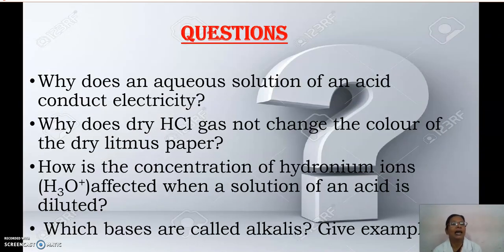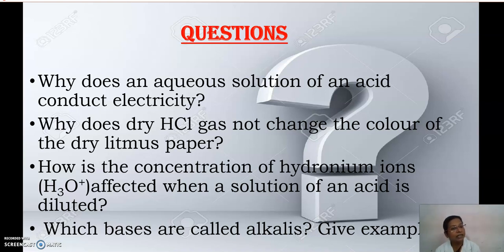Now these are the questions for you. I'll read the question. First one: why does an aqueous solution of an acid conduct electricity? Aqueous solution means mixed with water. So what is the reason? An acid with water is dissociating or ionizing into H plus ions.